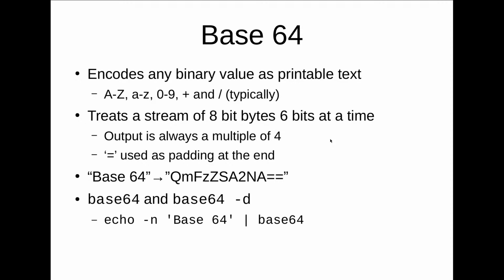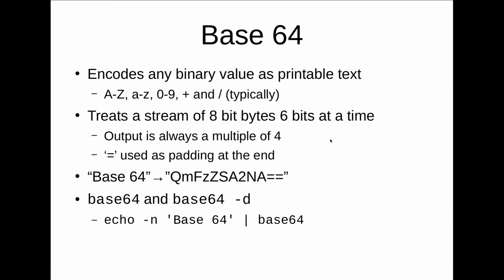What base 64 does is it treats a stream of 8-bit bytes. It'll take them 6 bits at a time, and each 6 bits it'll encode into 1 character, which means, since normal ASCII is 8 bits, it's going to be slightly larger than the original text.